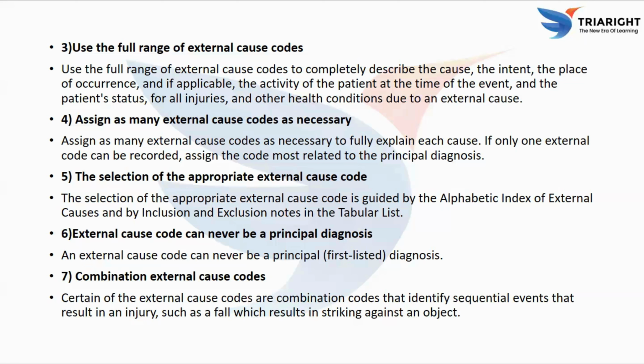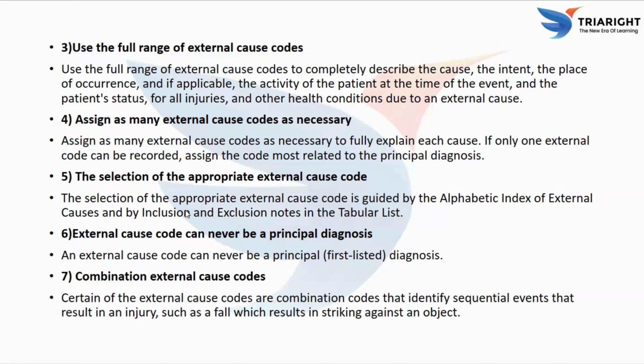For example, a motor vehicle accident with fire. So car occupant injured in collision is assigned one code and the other code is assigned for the exposure to fire. So both explain different aspects of the same event. So this is how you have to code these external cause codes.